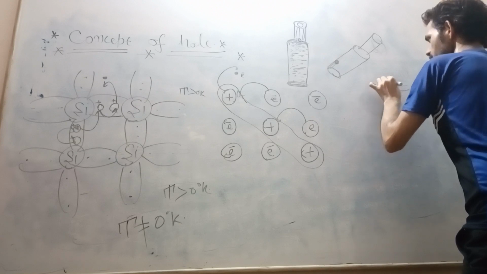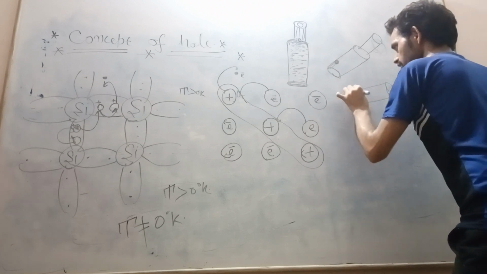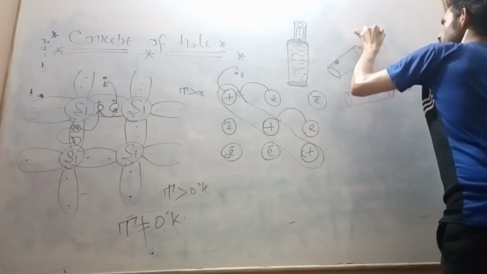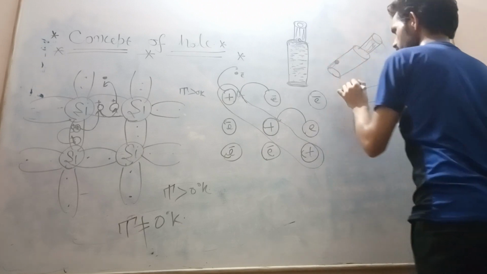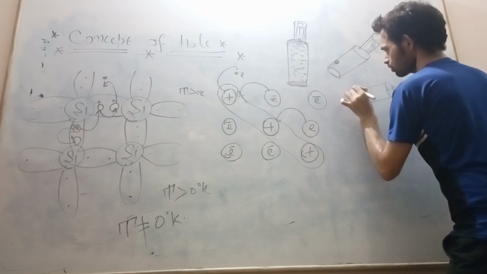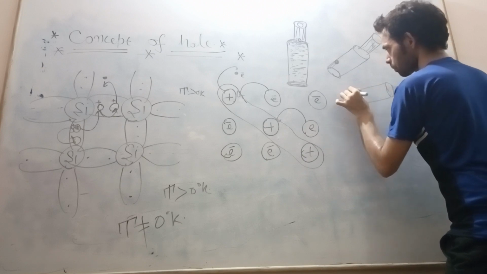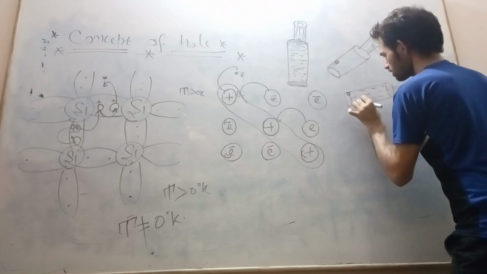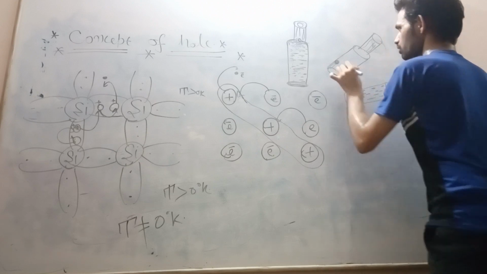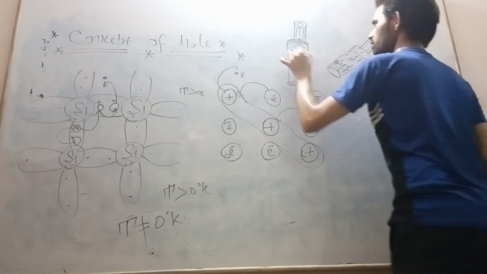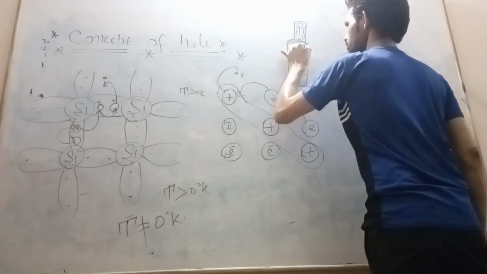Now see, this bubble will come somewhat at the corner side, at this place, when you tilt the bottle like this. This is the water inside the bottle.